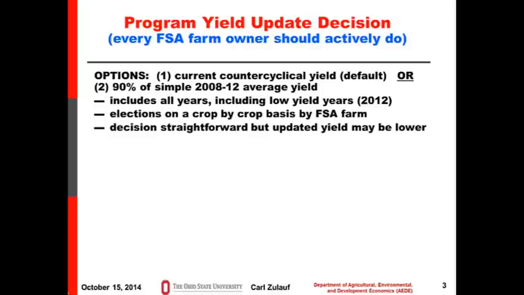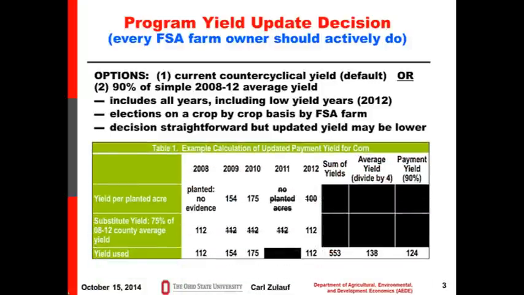The decision is pretty straightforward, but the updated yields may be lower, and there's some other nuances to this decision that I want to discuss with you, and in particular through the use of an example. This is simply an example that's created. It represents no individual particular farm. You can see that you have yields per planted acre in different situations, and I want to go through each one of those situations.